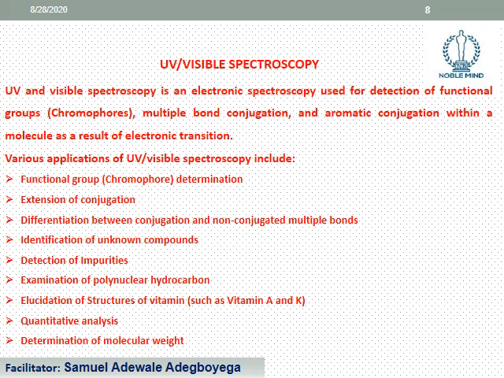Functional groups there are referred to as chromophores: multiple bonds, conjugation, and aromatic conjugation within a molecule as a result of electronic excitation. So there are various applications of UV visible spectroscopy. We have functional group determination, extension of conjugation, and so many others as listed below.